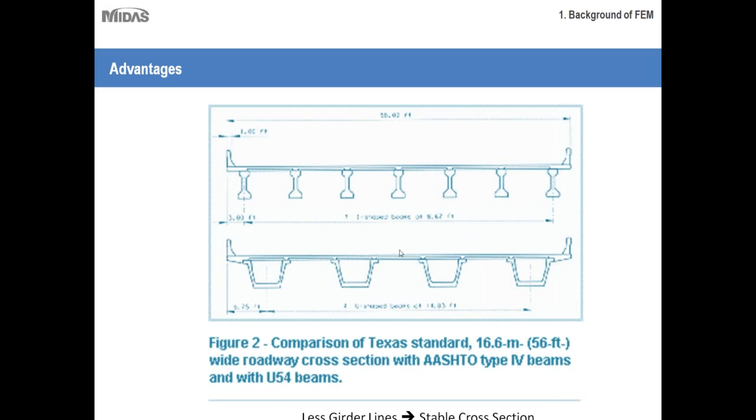This type of section reduces the number of girder lines, and that means the entire cross section will be much more stable. It will not be very flexible, and therefore it is much easier to handle and erect for longer spans. So it enables you to get fewer girder lines and therefore a stable cross section.